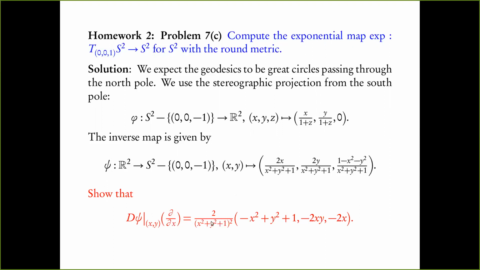And one way to check that this is correct is that this thing should now be perpendicular to psi of (x, y), because any tangent vector at a point P on the sphere is perpendicular to the point P, correct? So that's something you should be able to check. So is it clear? This is a quick recap of things. We have all seen stereographic projection, we've all seen the inverse. I'm just doing it for the south pole because that will give me a chart for the north pole.